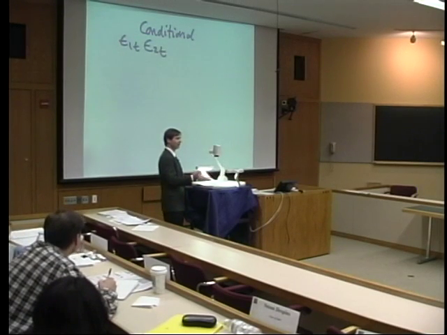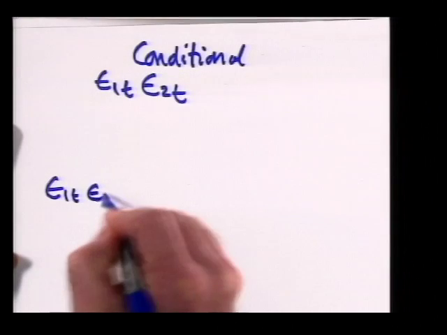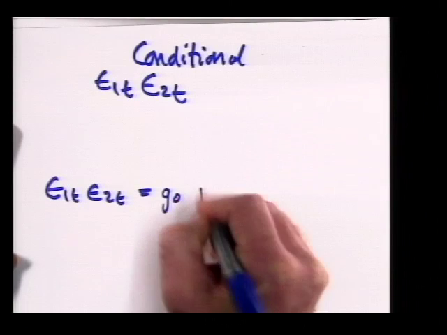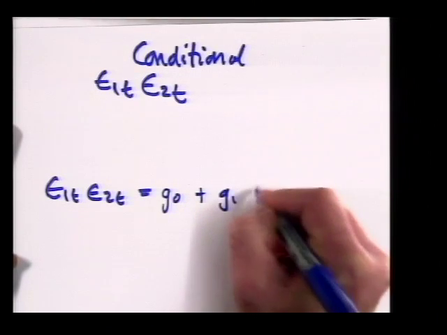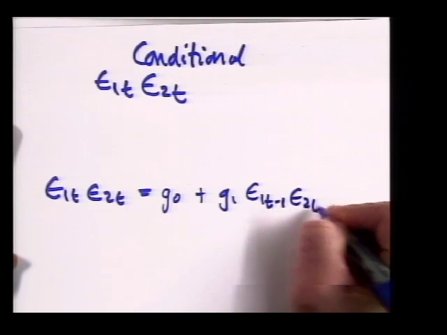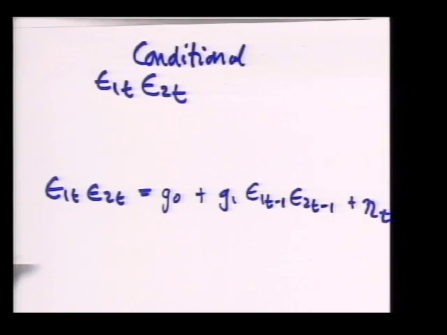And the way to do it, you think of a simple model where we've got epsilon 1t, epsilon 2t equals G0 plus G1 times the lag. And it's just an autoregressive model of covariance.